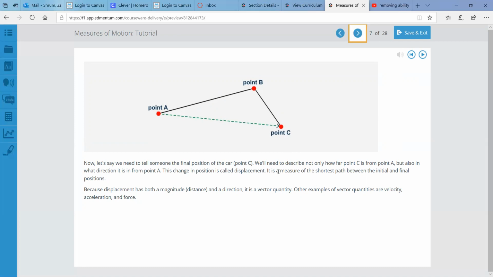It's a measure of the shortest path between the initial point A and the final position, which is point C. Because displacement has both magnitude and direction, it's a vector. Other vector quantities are velocity, acceleration, and force. So we have distance, which is scalar, only the magnitude, and then displacement, which is distance plus direction.